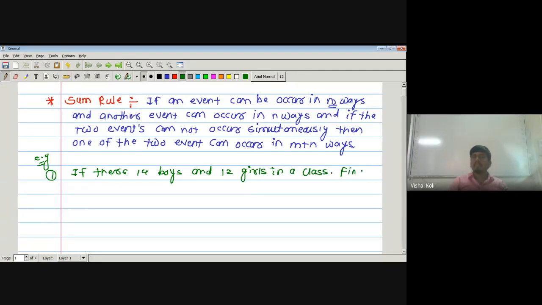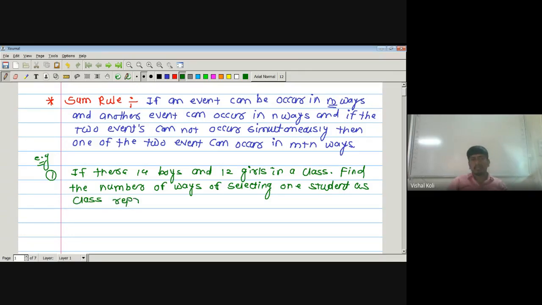Find the number of ways of selecting one student as a class representative.